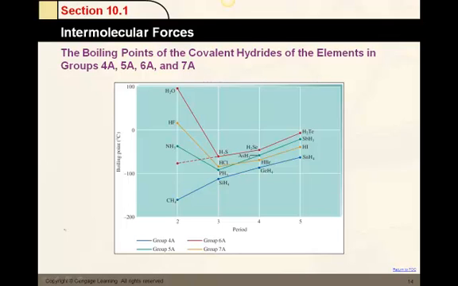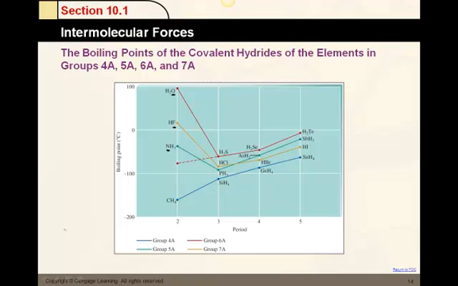Tellurium, selenium, sulfur, and oxygen are in the same family. So the red ones are all in one family. The orange ones are all in one family. The green ones are in one family. And then the blue ones are in one family. I think I mentioned that hydrogen bonding is between hydrogen and oxygen, fluorine, and nitrogen.